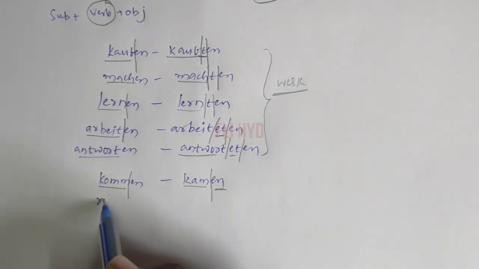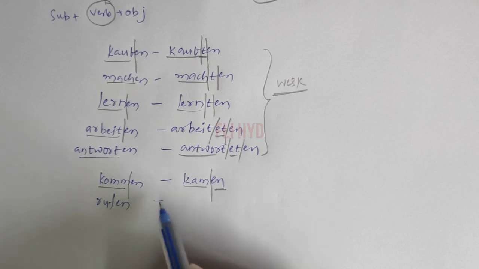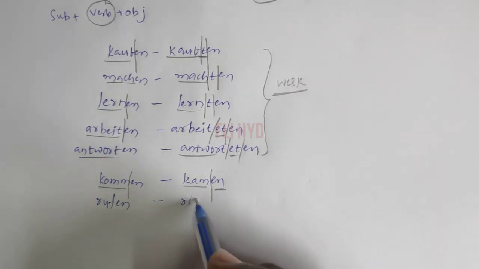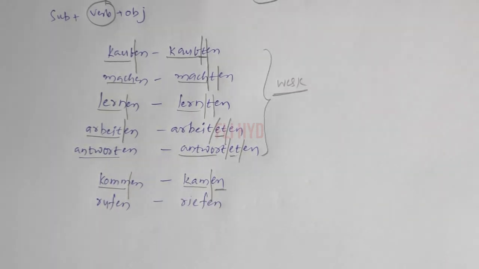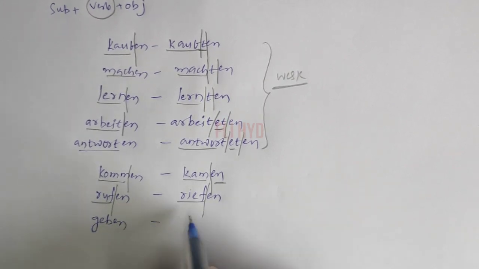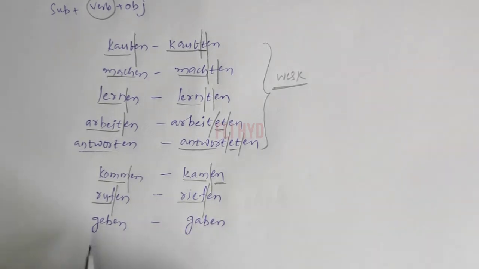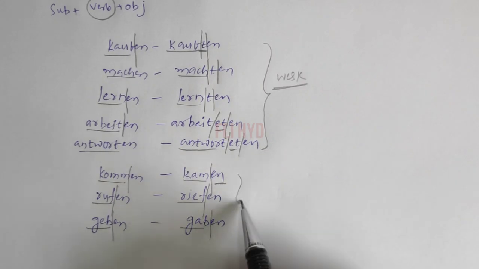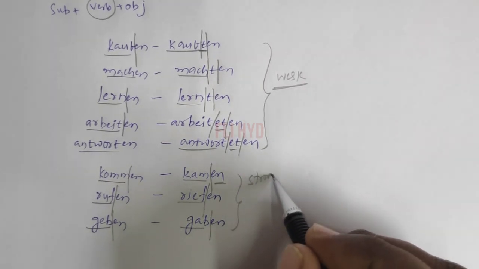And rufen, to call, changes to riefen. The stem is ruf, and it changes to rief. So rufen, riefen. And geben, to give: the stem is geb and it changes to gab. Geben, gaben. These are all strong verbs.